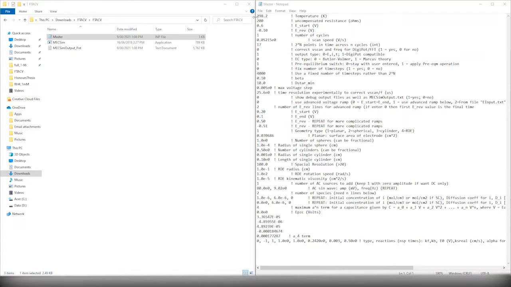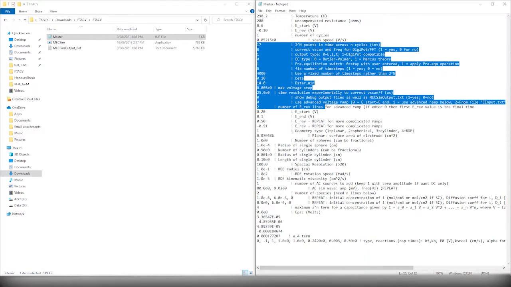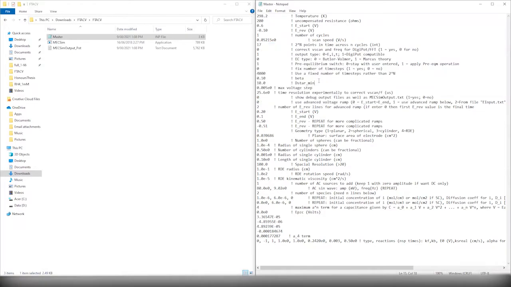You can vary a range of parameters in this, such as temperature, uncompensated resistance, your starting potential, your reversing potential, your scan speed, your cycles, a whole range of stuff. And then you have your more mass-intensive ones that we generally do not care much for.